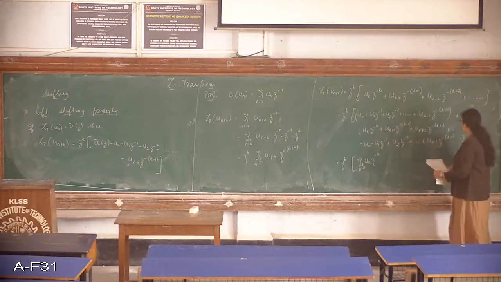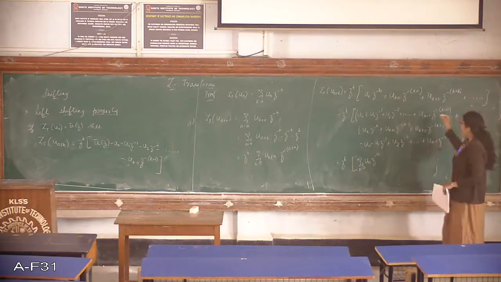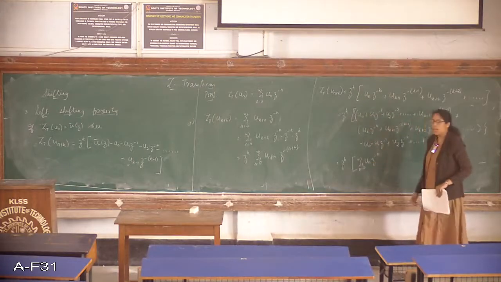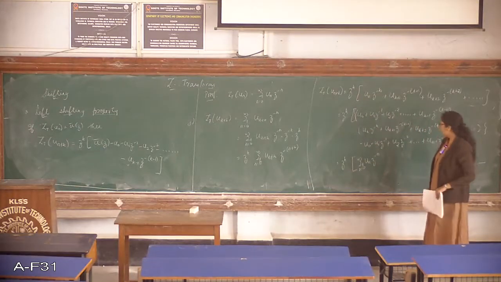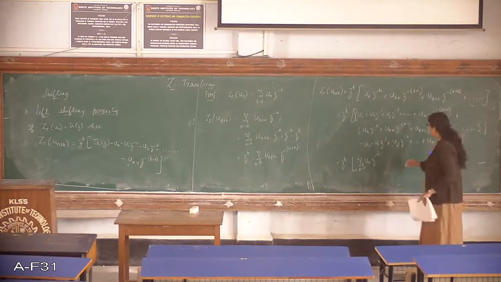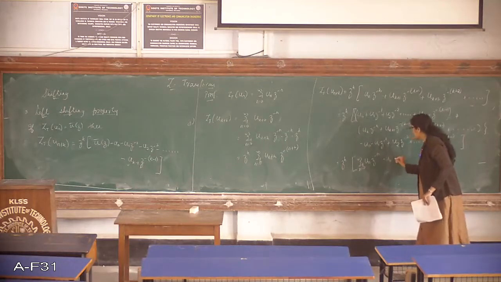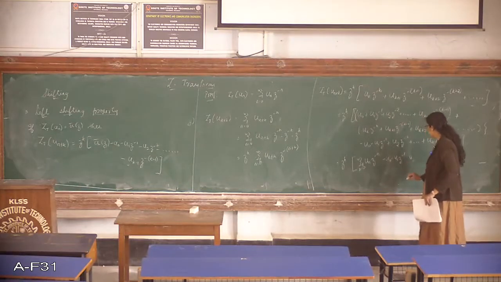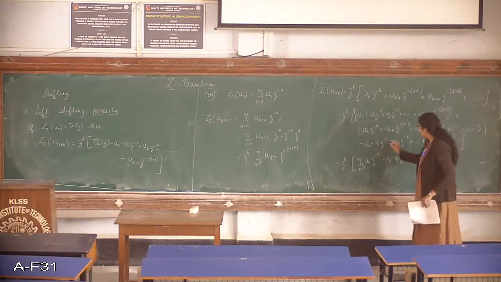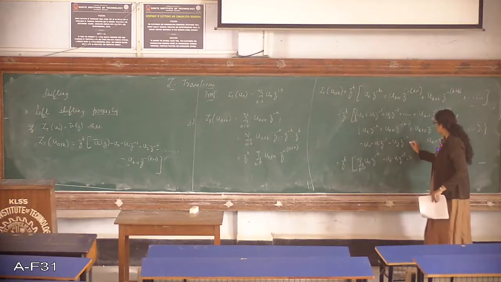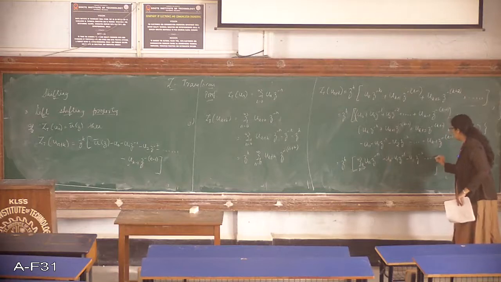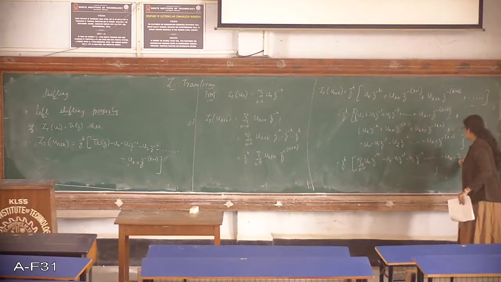So this whole term here, whatever I have written in the curly brackets, is nothing but the summation of u_n z raised to minus n, and these terms are still left, that is minus u0 minus u1 z raised to minus 1, these are all minus here, so minus u2 z raised to minus 2 minus so on minus u_{k-1} z raised to minus (k-1).